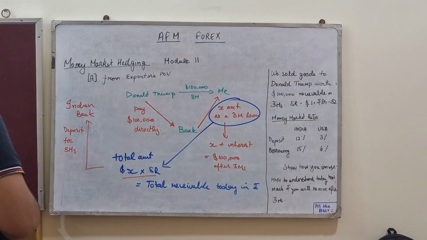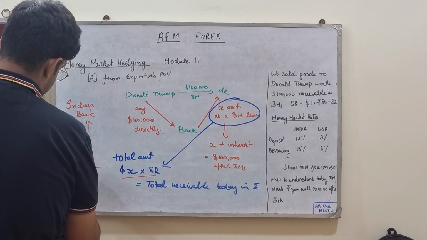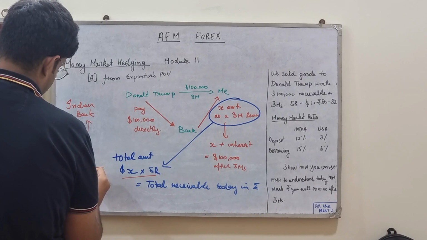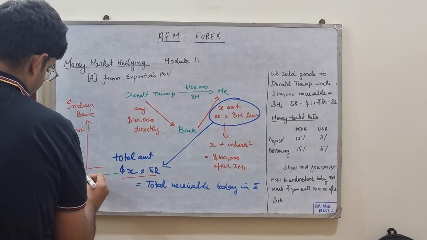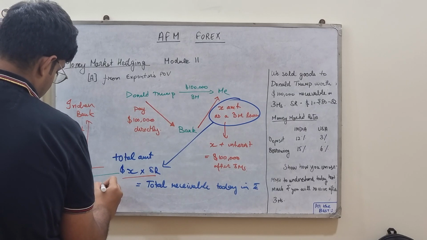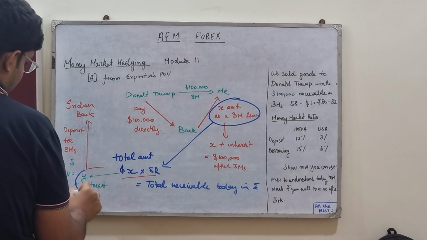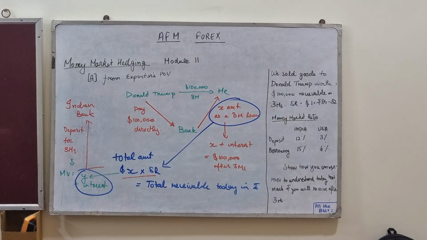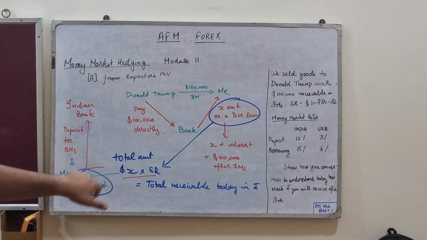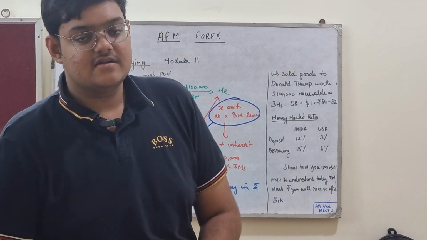Then I will have the market value equal to this amount, which is Y plus interest. That would be the final answer. It is that simple. So with this we can figure out that after 3 months I'll be receiving this Y plus interest in rupees. So basically hedging is complete.